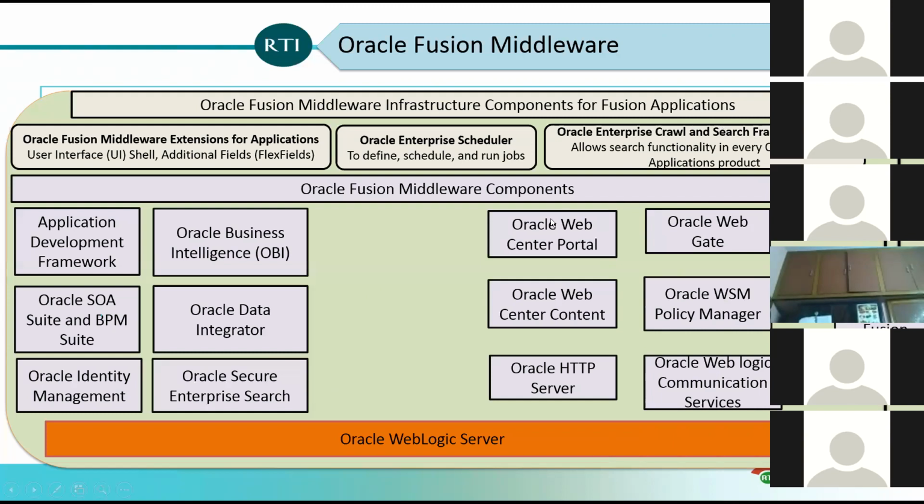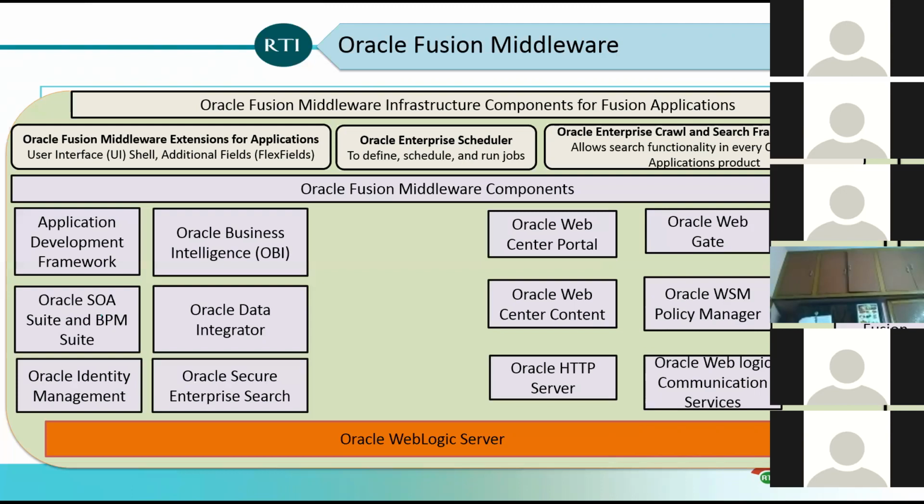Oracle WebCenter Portal is where you can create your websites, external or internal websites, or microsites. If you want to maintain digital content in your company, you can typically use Oracle WebCenter Content. Oracle HTTP Server is needed if you have any web application deployed on the Fusion middleware over the globe. For example, your company site is deployed on the Fusion middleware and people start accessing your company website.